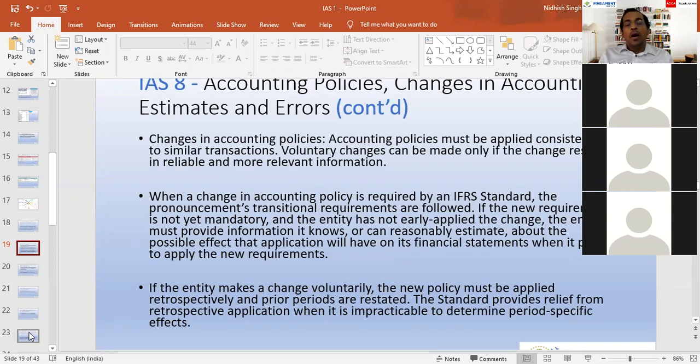We need to explain why we changed the accounting policy, why it will help, how it provides a better view, why it is a more true and fair view, and how it is useful for the investors and the users of the financial statements. We need to explain that completely. It's like standing in the courtroom and saying, okay, I made this change, this judgment, and I have the justification.